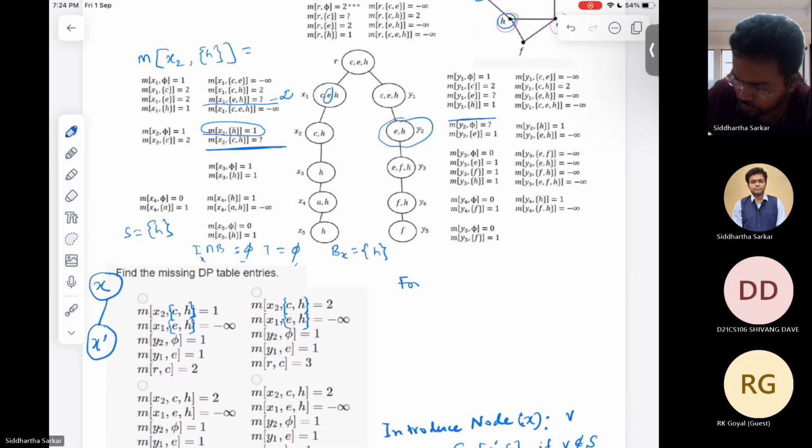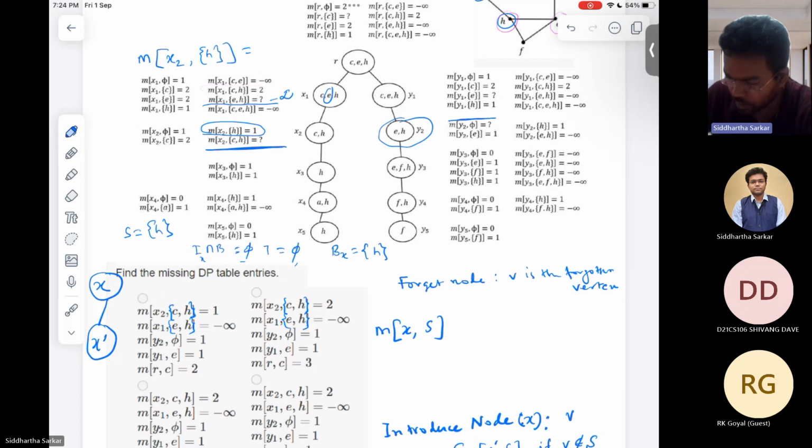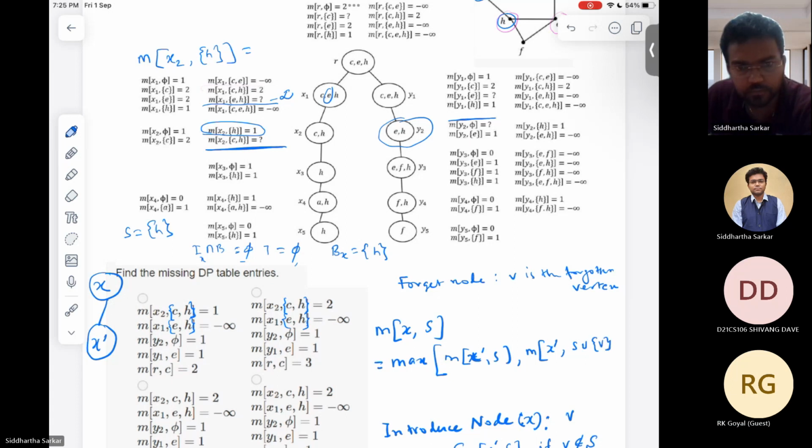For a forget node, where F is the forgotten vertex, the table entry corresponding to x comma s is nothing but the max of the table entry corresponding to the child, x dash is the child of x, so x dash comma s, and the table entry corresponding to x dash comma s union the forgotten vertex. This is the recursion rule.